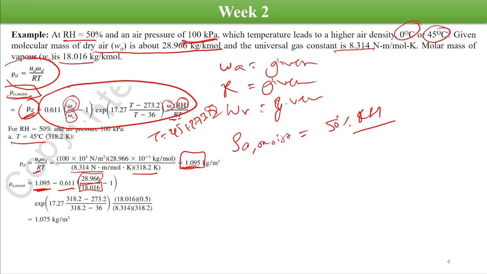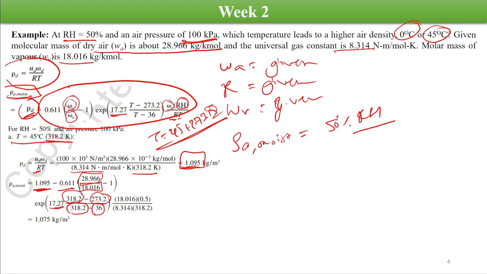Then we have the second term, the exponential term, e to the power 17.27, which is a constant, multiplied by T, the temperature, which in this case in Kelvin is 318.2, or 45 degrees Celsius converted to Kelvin. Then the temperature becomes 318.2 Kelvin minus 273.2, divided by 318.2 minus 36, T minus 36.